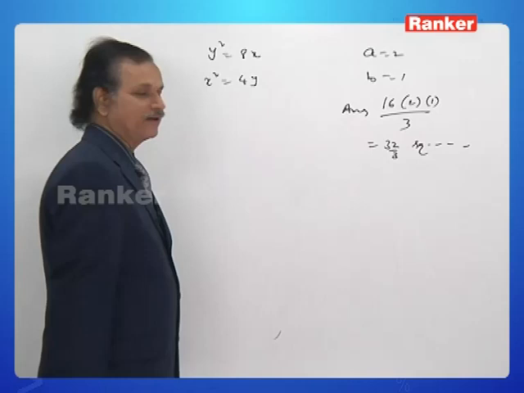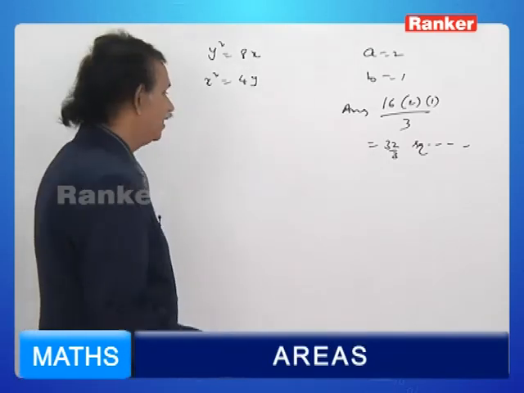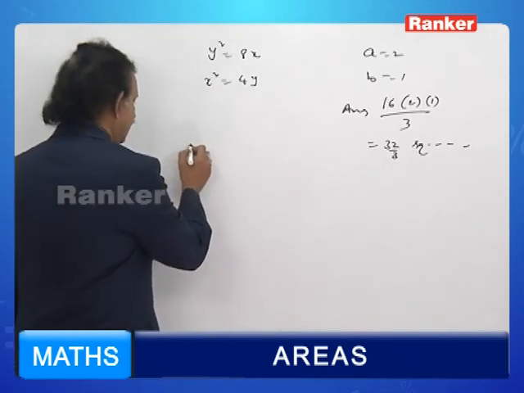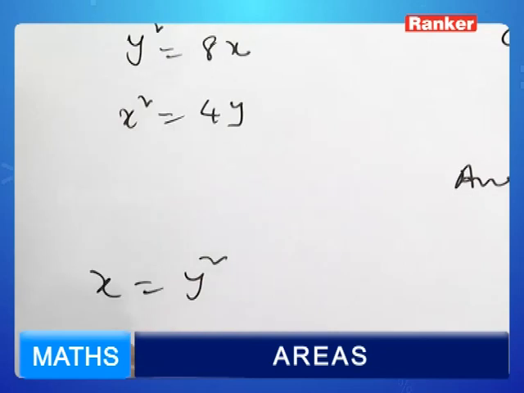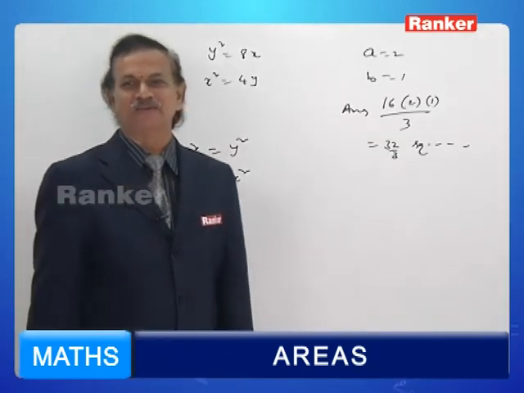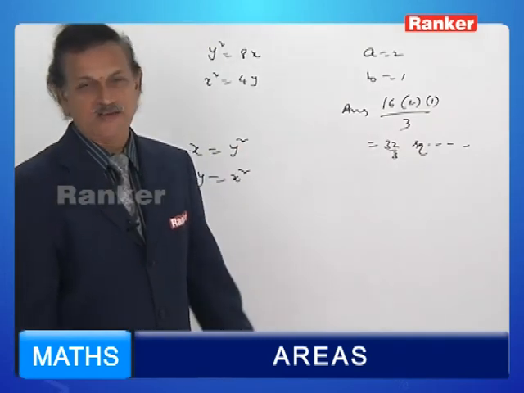Another standard question which was asked in a JEE question paper is x is equal to y square and y is equal to x square. What is the area bounded between these two parabolas? This was asked previously, a famous question.